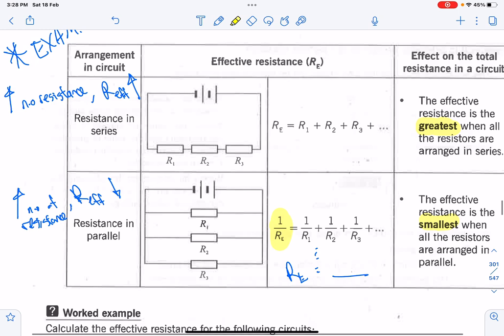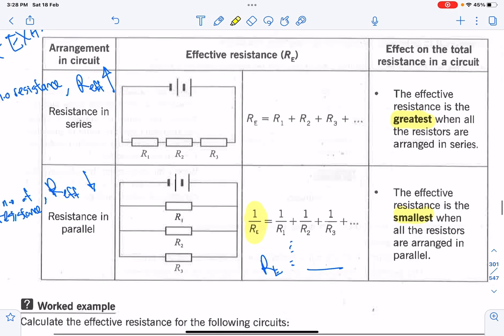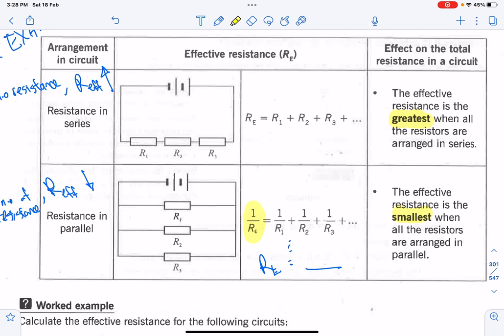Let's say I were to give you an example. The first one is a series, where there's only one single pathway for electricity to pass through, whereas for parallel, you have a dividing or more than one way for electricity to pass through. You could see that resistance in series is basically a summation, whereas resistance in parallel is a reciprocal.